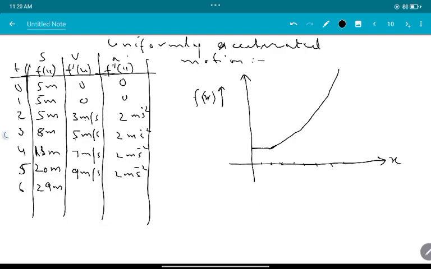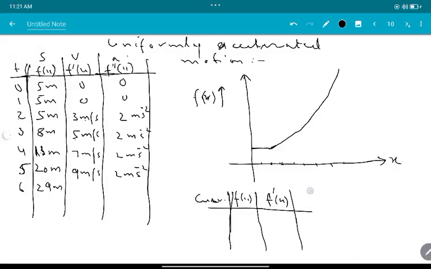Okay, now see, for this curve, let us first write the table of curves. Then this is curve, then this is f x, distance traveled, f dash x, velocity, f double dash x, acceleration.